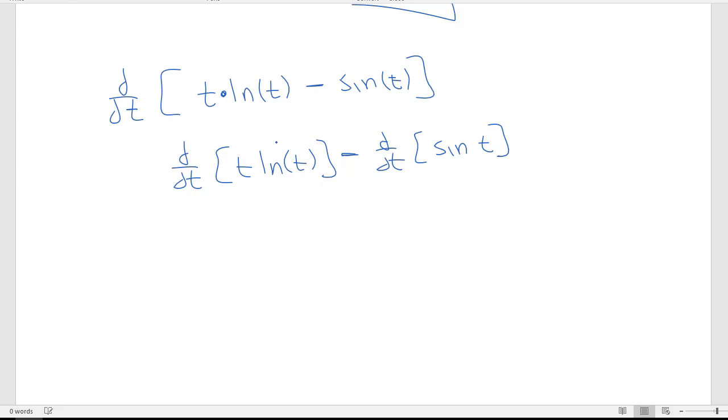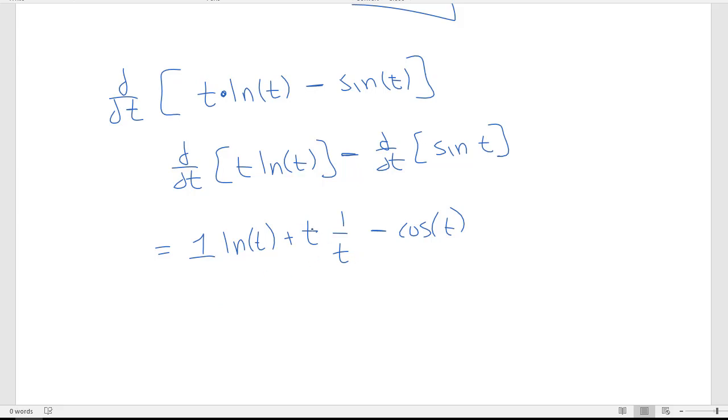And now when we differentiate this expression, it's a product rule. So I'm going to do derivative of the first times the second plus first times derivative of the second. So this is going to be derivative of the first times the second plus first, and then derivative of the second is 1 over t. And then we're going to subtract the derivative of sine, which is cosine of t.